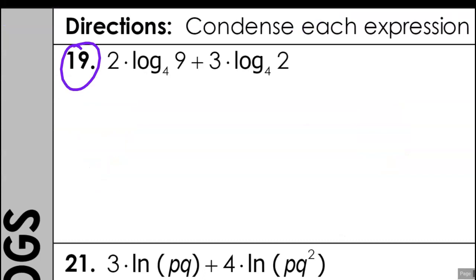All right. So looking at number 19, I immediately see that this is more complex than what I saw on the previous page, right? It's not just a log plus log. Both of these logs have coefficients. So how can I take this and simplify it a little bit so that I have just a log and then I can do the product? What do I need to do first here?